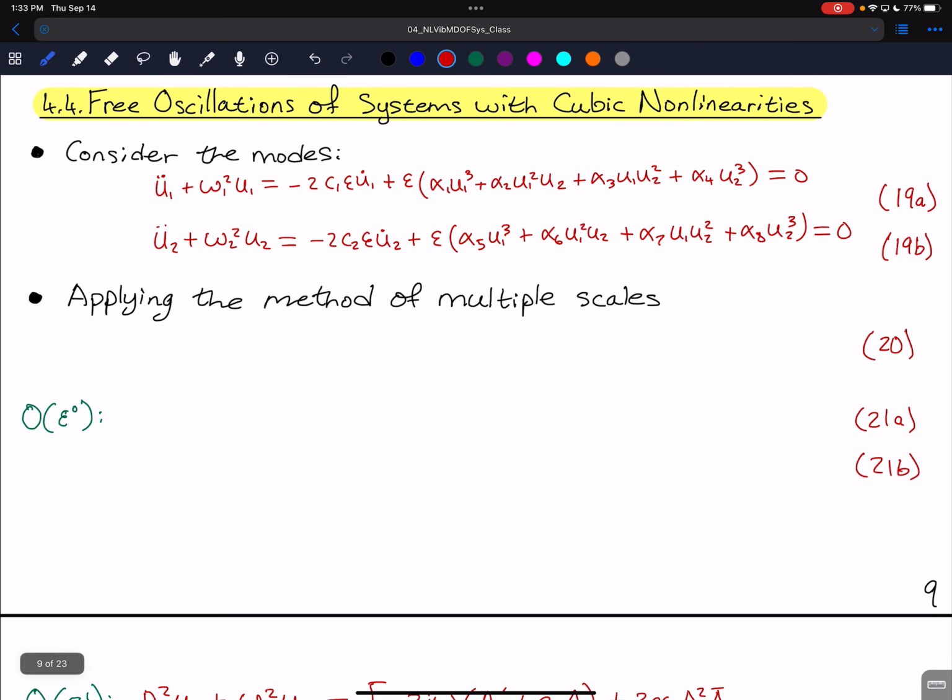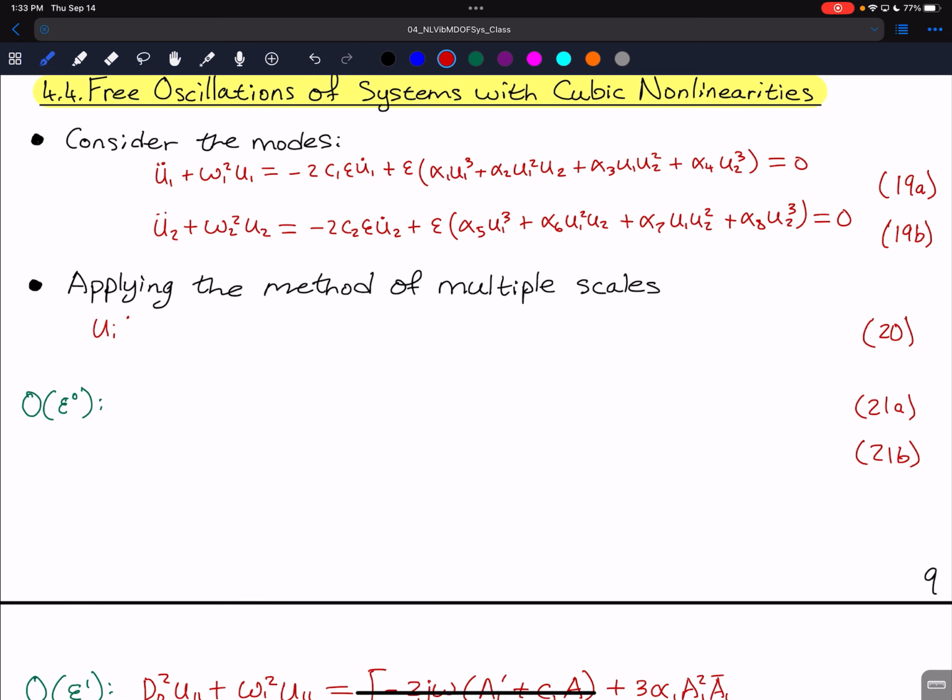Okay, so from here, we're going to apply the method of multiple scales. We're going to say that ui is equal to ui 0, which is a function of t0 and t1, plus epsilon times ui 1, function of t0, t1, plus epsilon squared ui 2, function of t0, t1, plus so on.